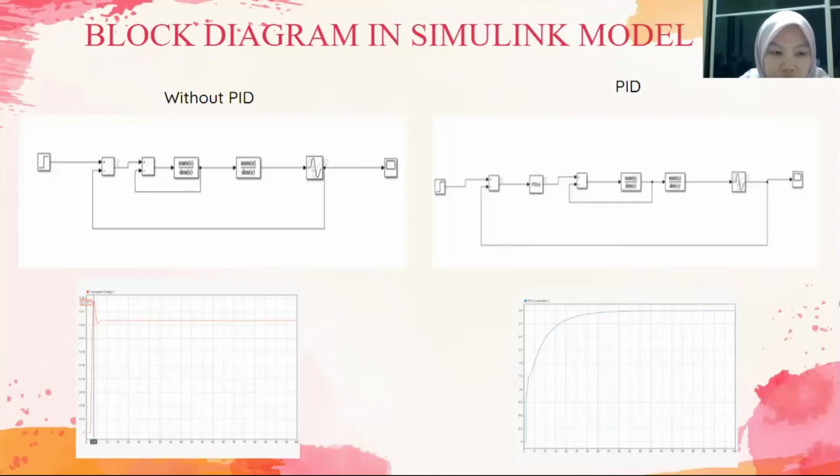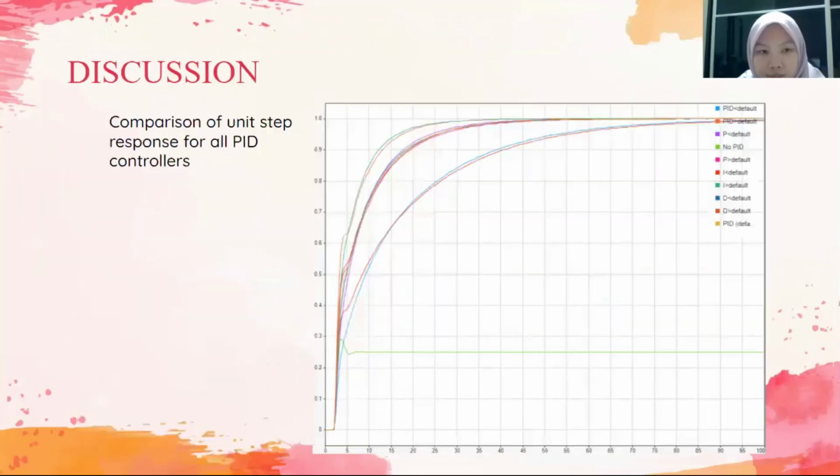In this graph, we can see that the rise time, settling time, and peak overshoot without PID is higher. So when we added PID into the system, it becomes smoother.